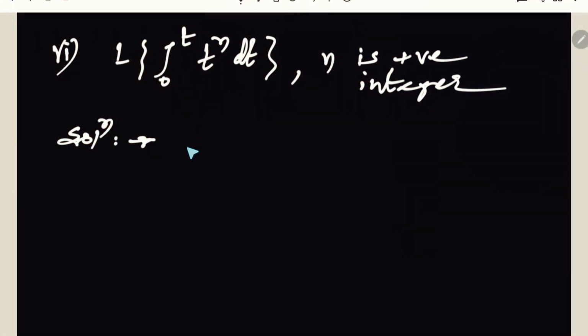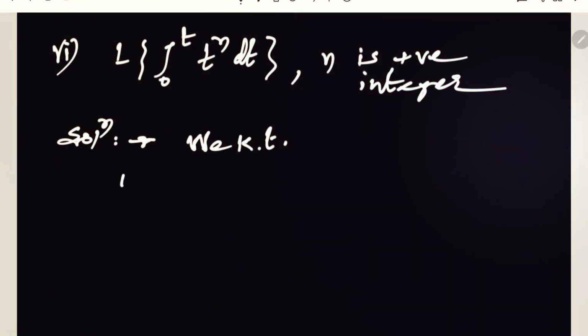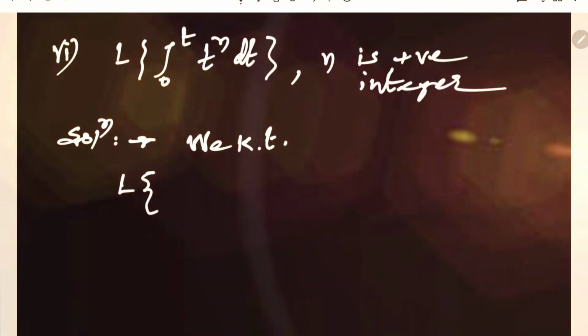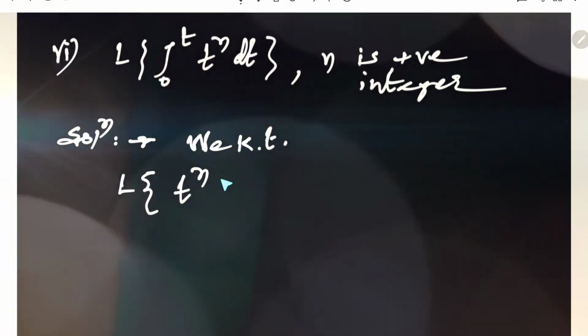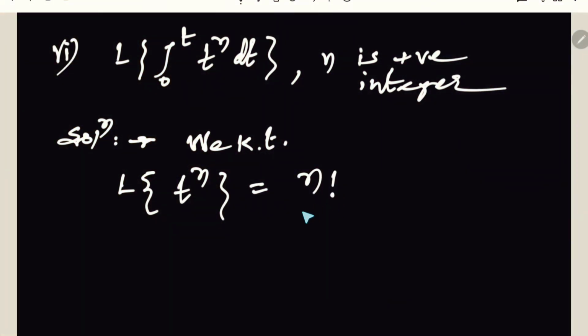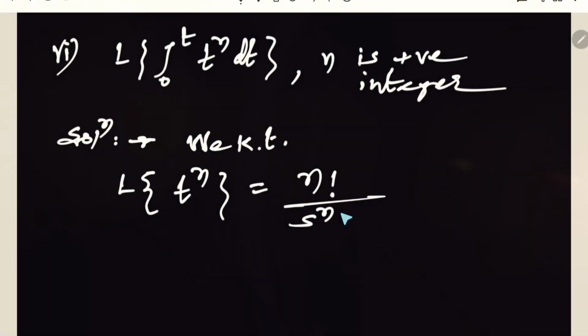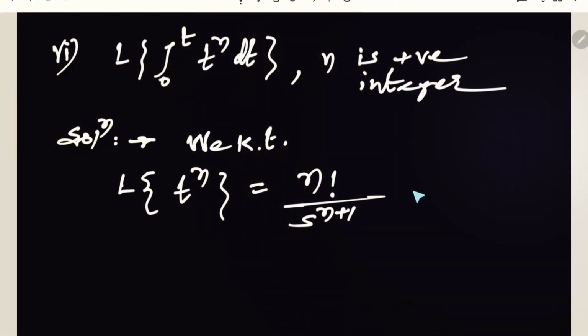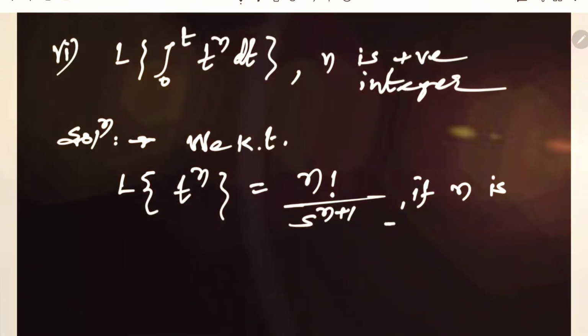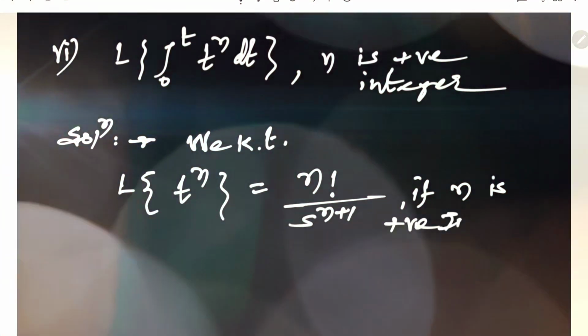Whenever n is a positive integer, its Laplace transform is n factorial divided by s raised to n plus 1, and we call this f bar of s.